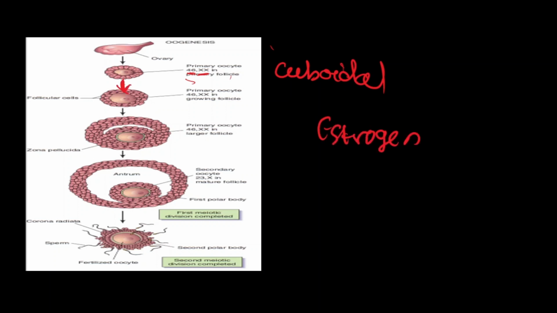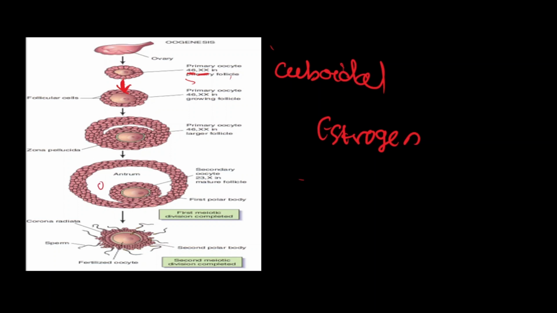We can see the next step where we have the growing follicles of this primary oocyte. The follicles continue to grow, and at this stage we now have the zona pellucida. The zona pellucida is an amorphous glycoprotein layer on the oocyte, as we can see in the picture here.